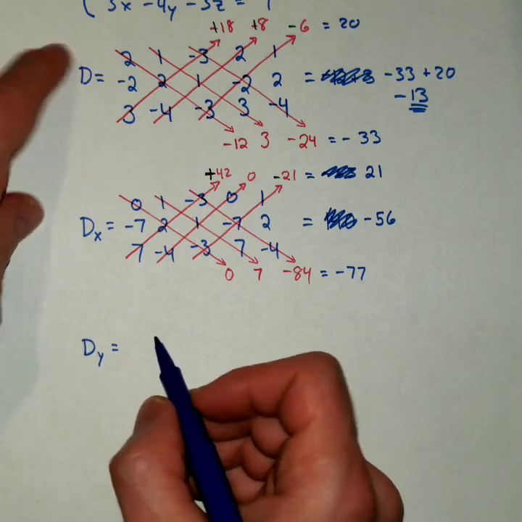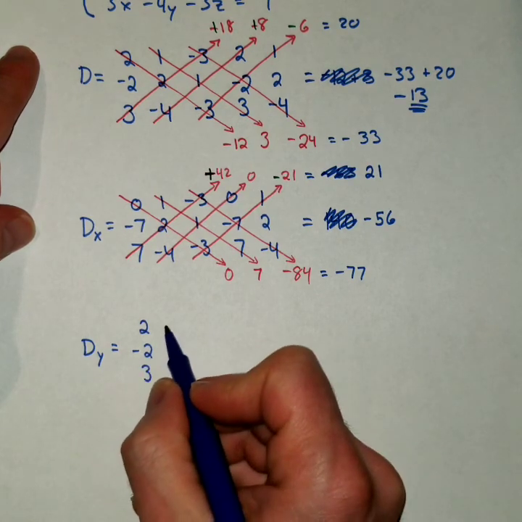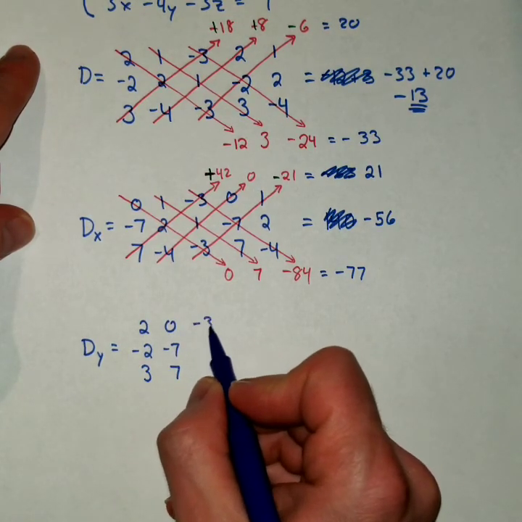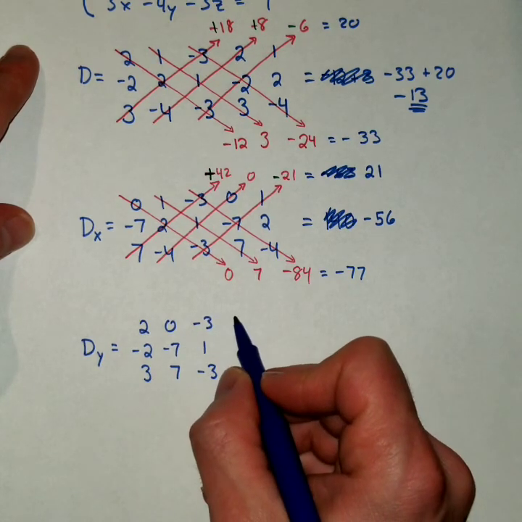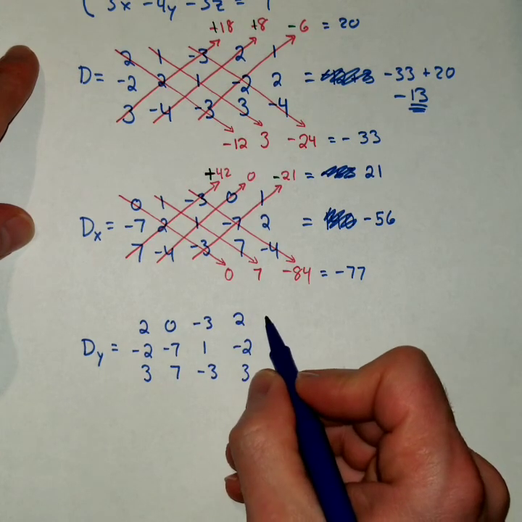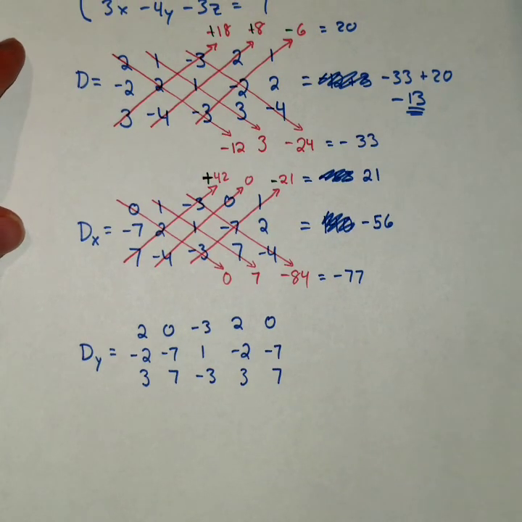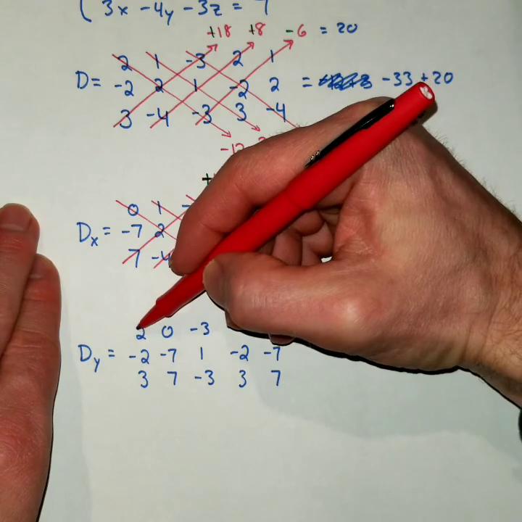So it will look like 2, negative 2, 3, 0, negative 7, 7, and then negative 3, 1, negative 3, and then repeat the first two columns. So 2, negative 2, 3, and 0, negative 7, 7. Then we run our 3 diagonals in each direction.